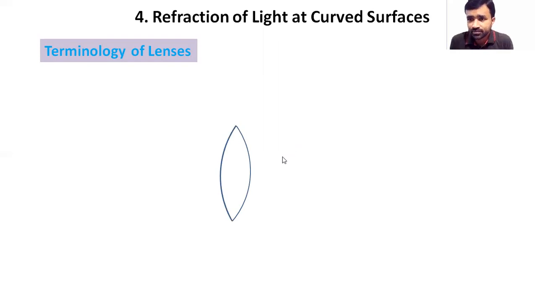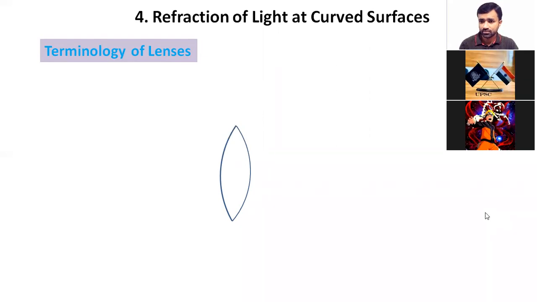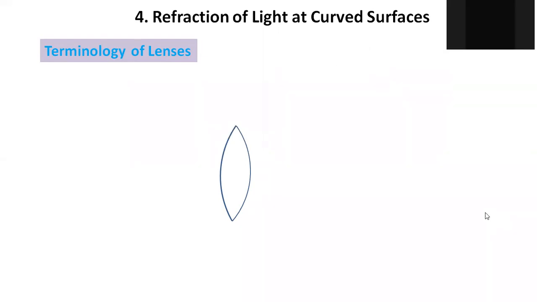Name it. Biconvex lens. Very good. It is a biconvex lens because the left surface and right surface are both convex. So this is named a double convex or biconvex lens.